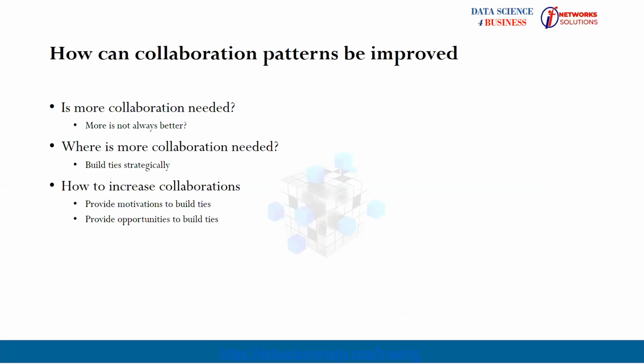First of all, you need to ask whether collaboration is even needed at all, because sometimes it might not be needed. Based on what you discover, if, for example, the number of publications is not correlated to the degree of the individual, that means there's no reason for you to start tampering with your collaboration, because it doesn't have any effect.